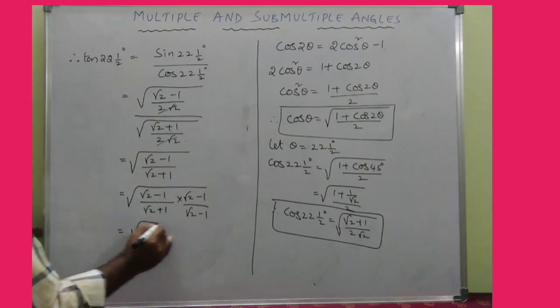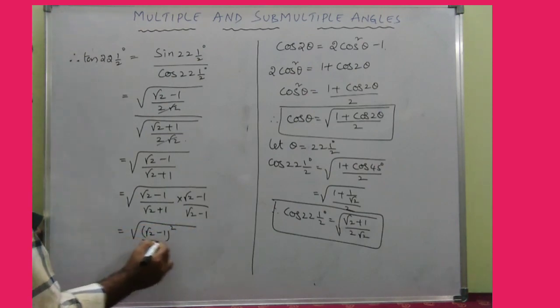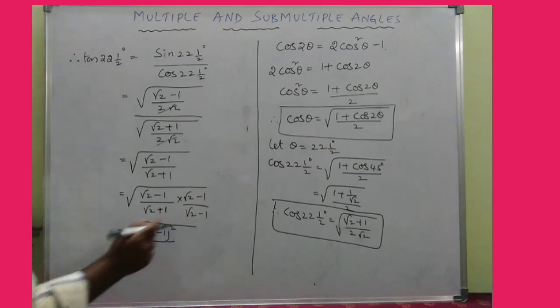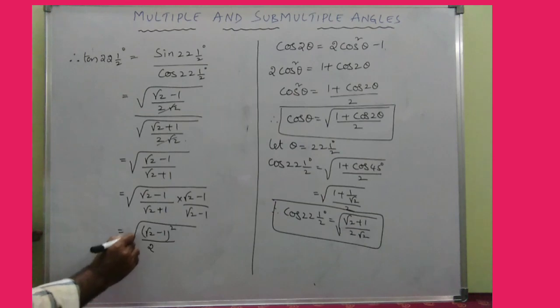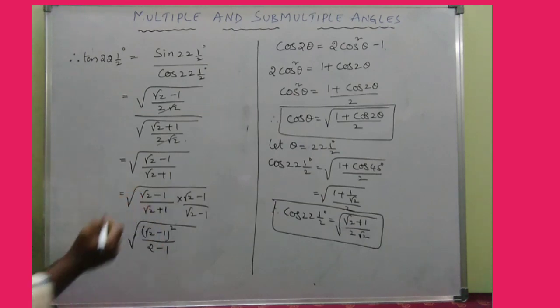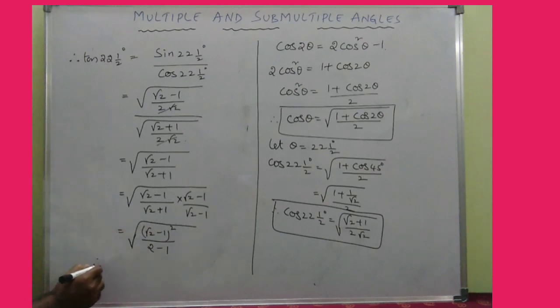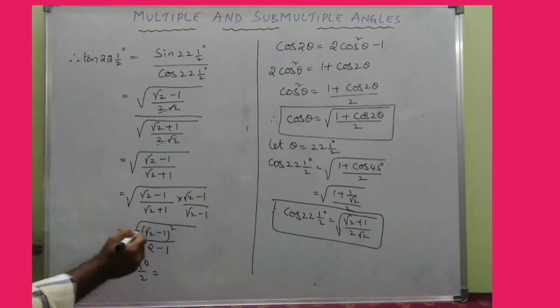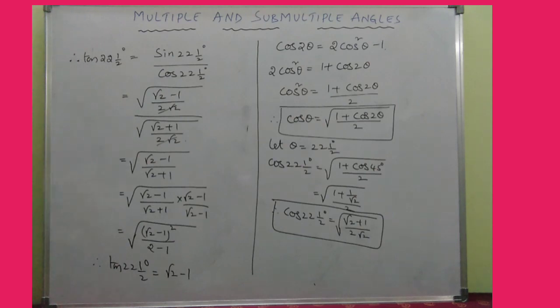Hence this is root of (root 2 minus 1) whole square by (a plus b) into (a minus b). a square value is 2, minus b square value is 1. So 2 minus 1 is nothing but 1. Hence tan 22 and a half degrees is equal to, the square and root also get cancelled, root 2 minus 1.